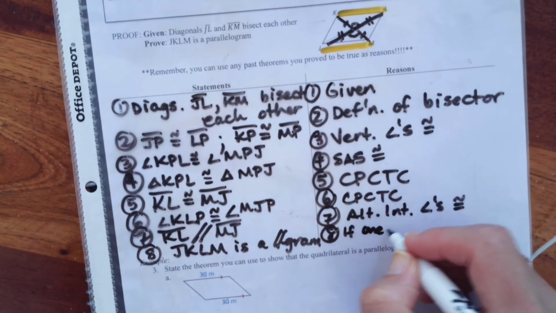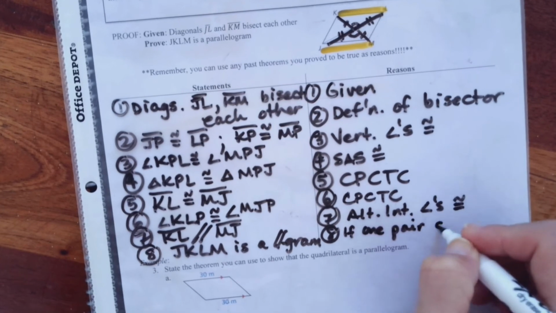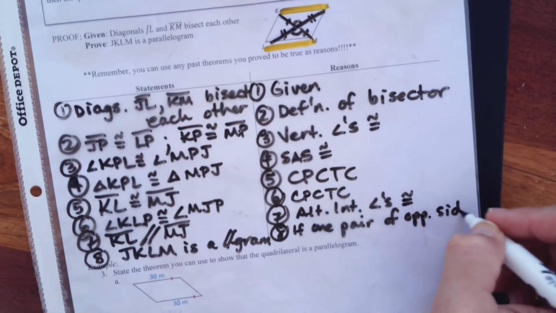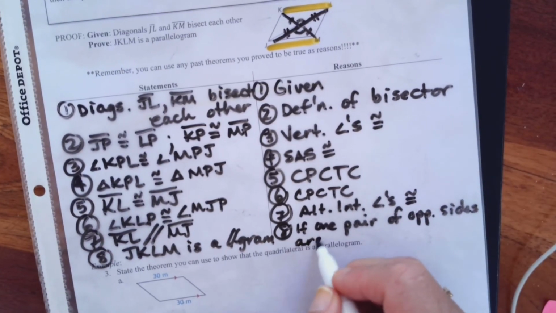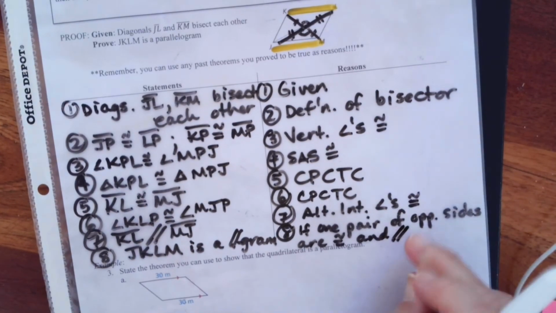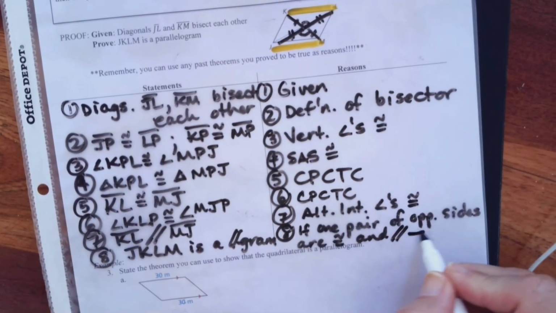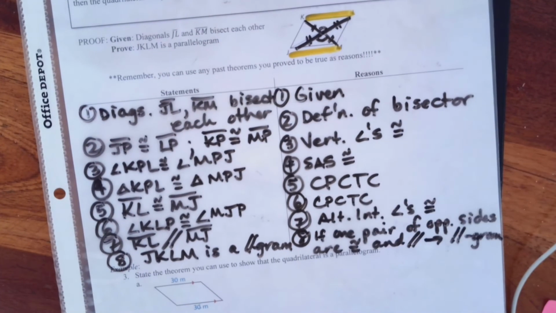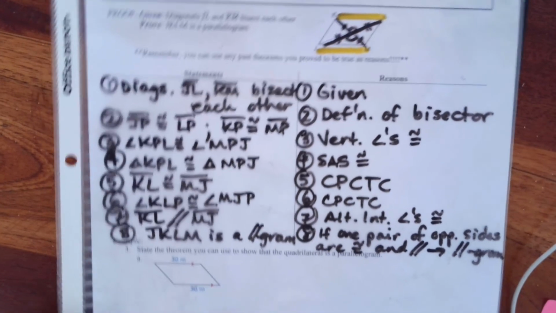If one pair of opposite sides are congruent and parallel, then we get a parallelogram. That's a previous theorem we did on the first page. That's why we had to go in order there. Okay?